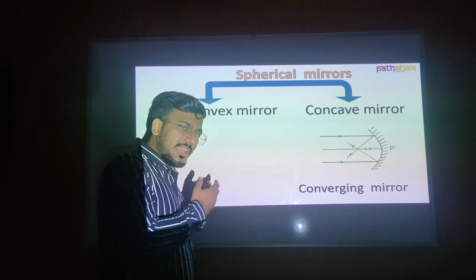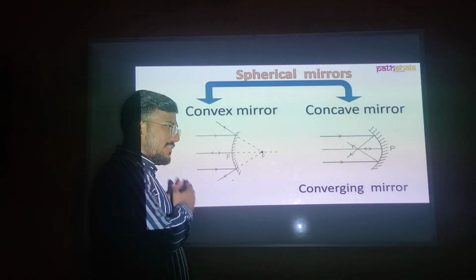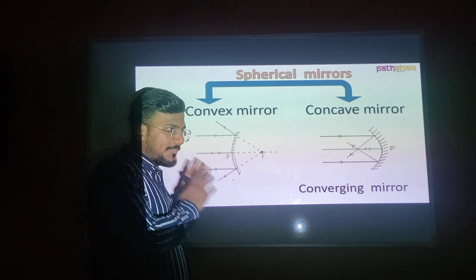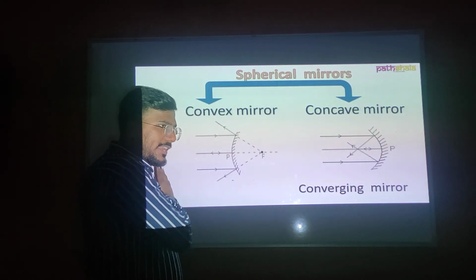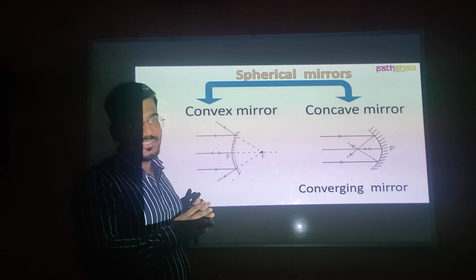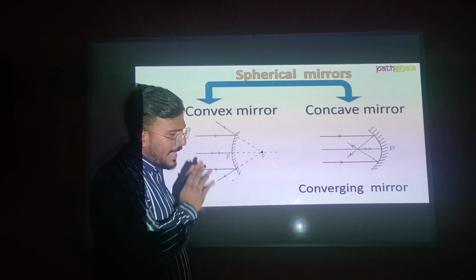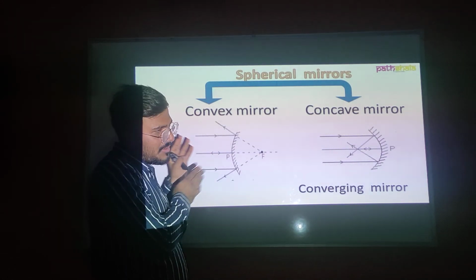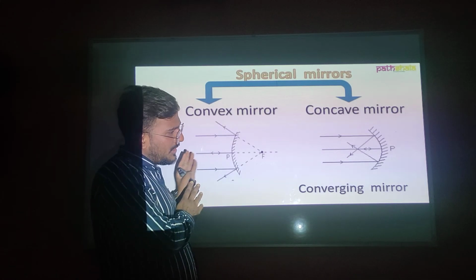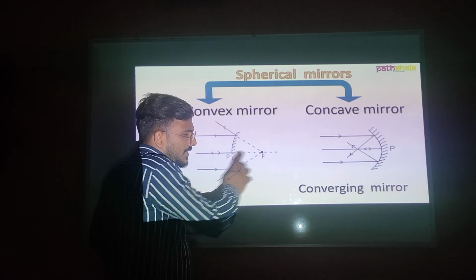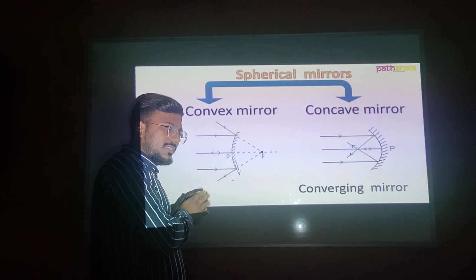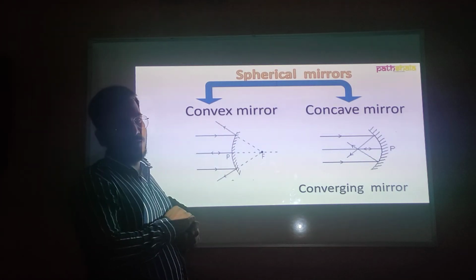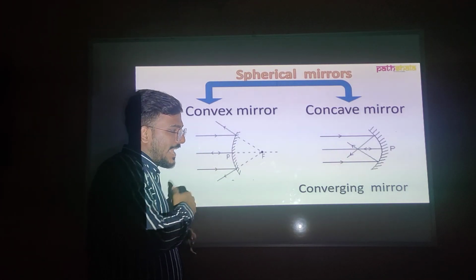Okay. Now let's see the other case, the convex mirror. When we pass rays of light, after reflection these rays of light will go away from each other, meaning they will not actually come and meet. If we retrace or join them from the other side, we get a point over here. So in this case, the rays are going away from each other, meaning they are diverging.